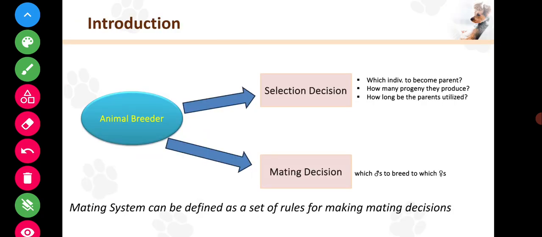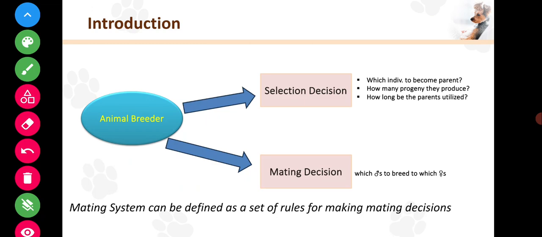with the introduction. So, what does an animal breeder do? An animal breeder will take mainly two decisions, the selection decision and the mating decision. For any breeding strategy, if a breeder is formulating one, he will take these two decisions.